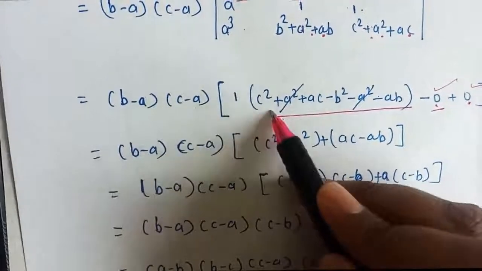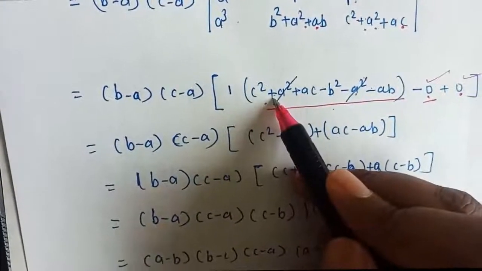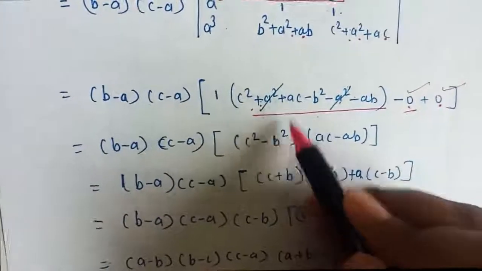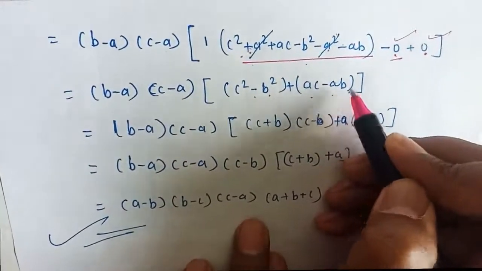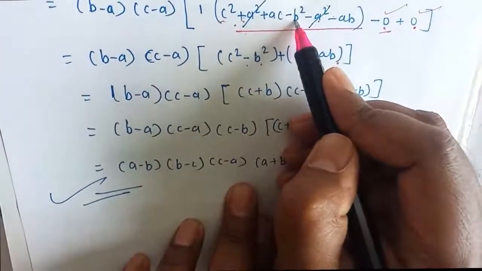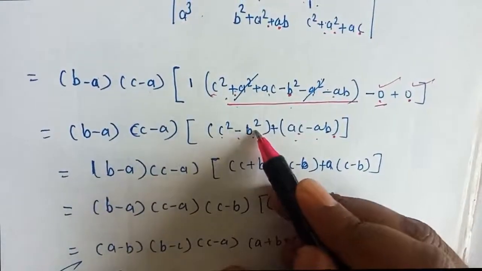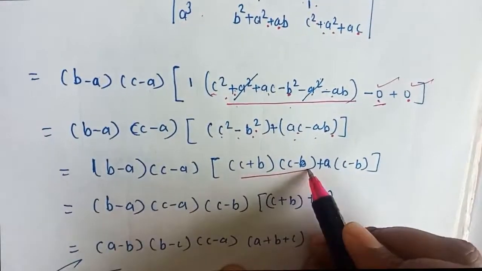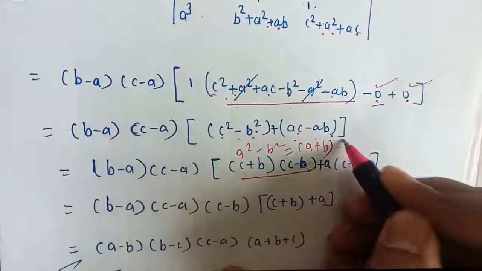Next is 1 into bracket of, so if you simplify this, minus a square plus a square cancel, and the remaining things you can write down as c square minus b square plus ac minus ab, because c square and b square you can take in one bracket, and ac and ab you can take in one bracket. Now c square minus b square is c plus b and c minus b, because this is the formula a square minus b square equals a plus b and a minus b.